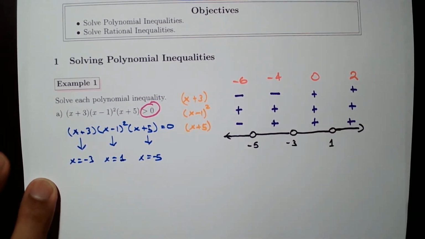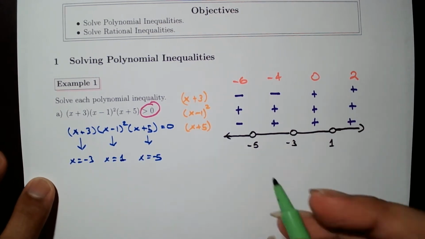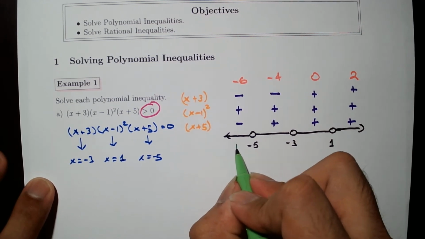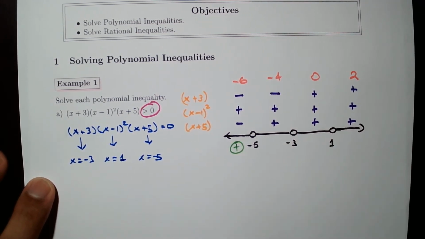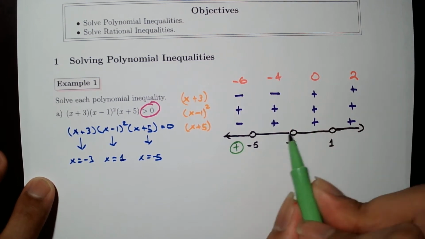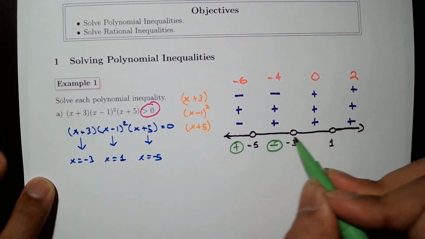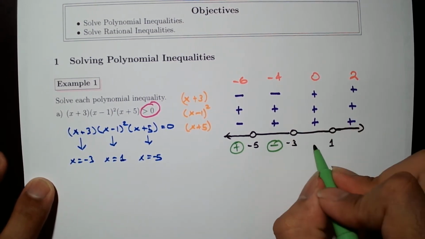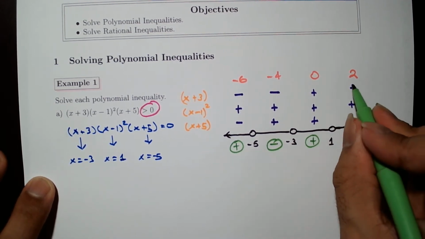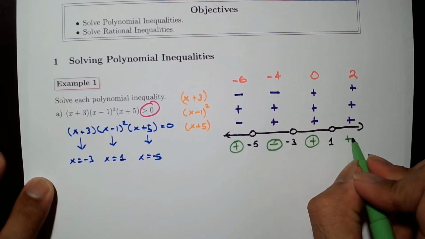So now our job is to multiply the signs. Negative times positive times negative is positive here. Two positives times a negative is a negative here. The product of all positives is positive, and the product of all positives is another positive.